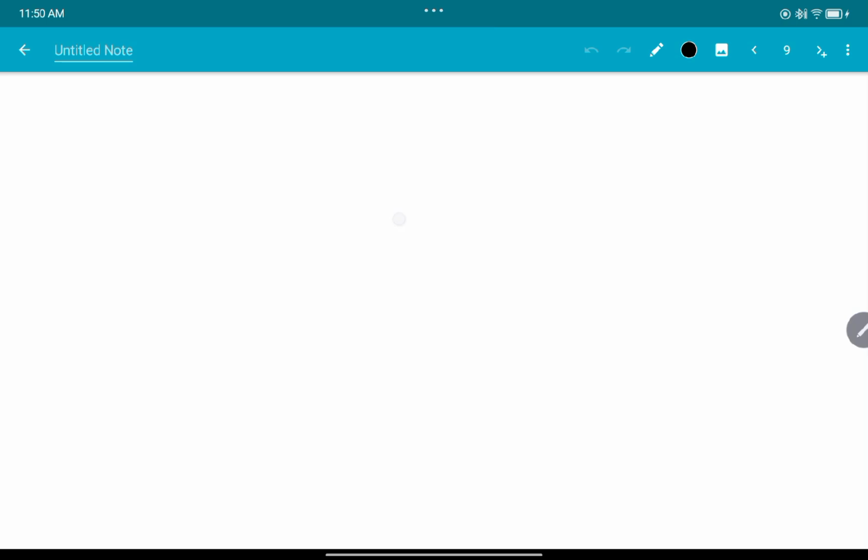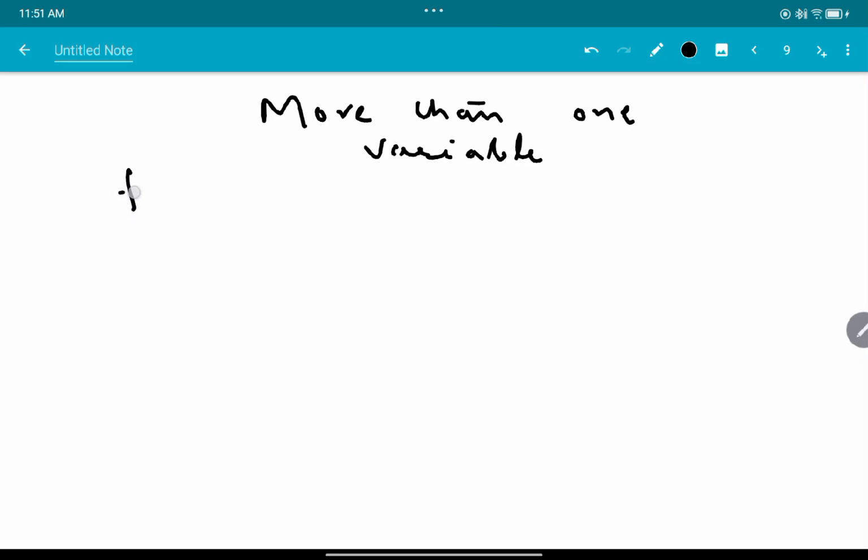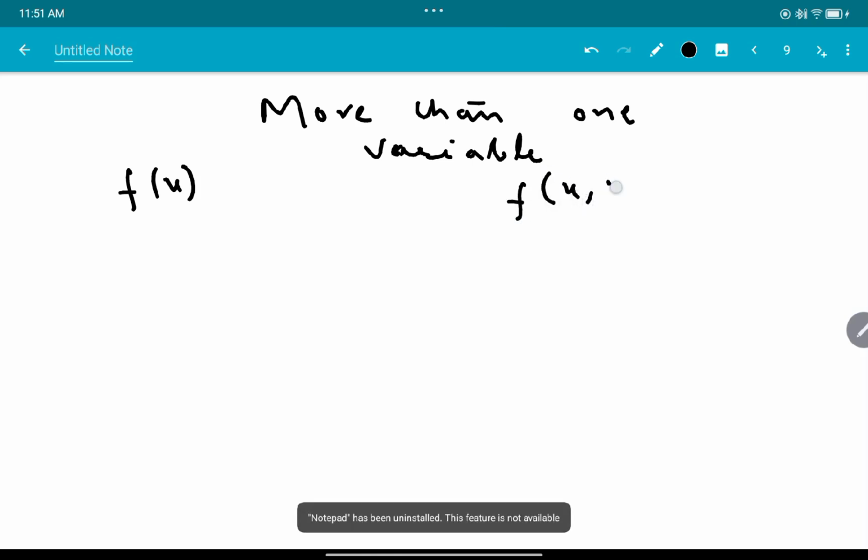That is, if we have a function of more than one variable. Till now we had a function f(x), something depending upon x, only one variable. We next have a function depending upon two variables, x, y.